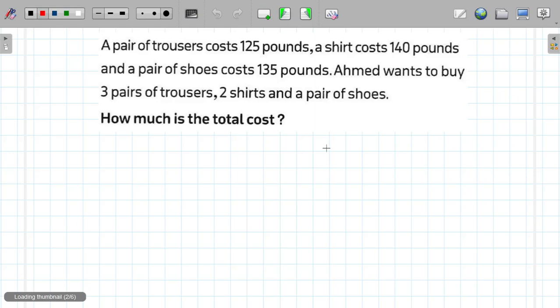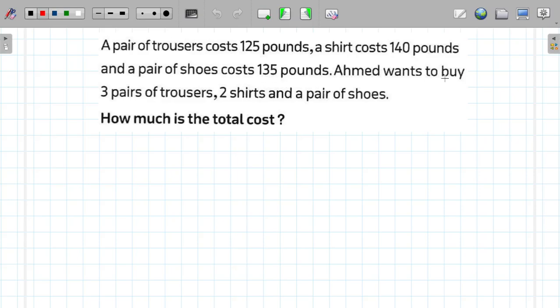Next, I have a pair of trousers costs 125 pounds. A shirt costs 140 pounds. And a pair of shoes costs 135 pounds.